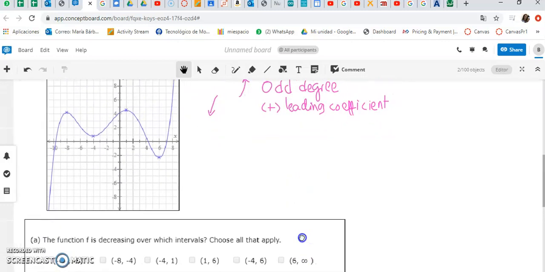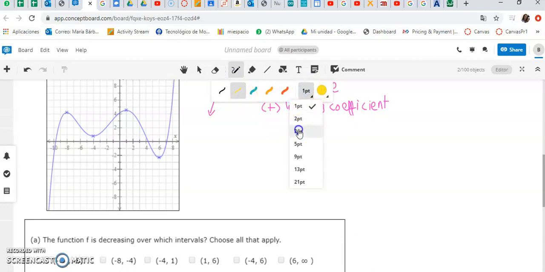And the first question says, the function f is decreasing over which intervals? Choose all that apply. So you can check in the graph in which intervals the graph is decreasing. I'm going to show you with a yellow color where the graph is decreasing, okay?